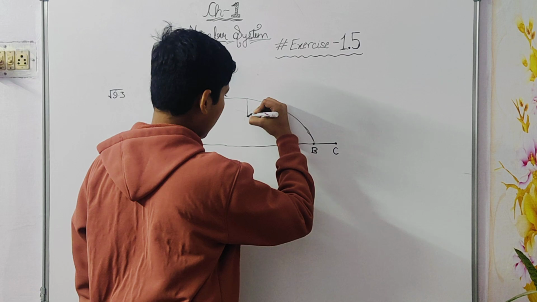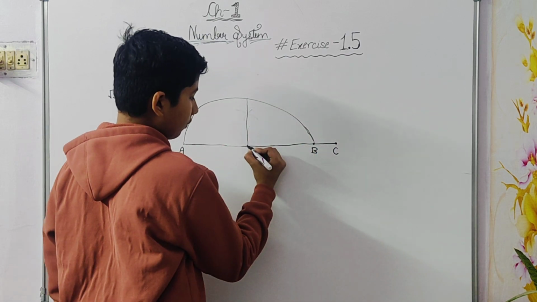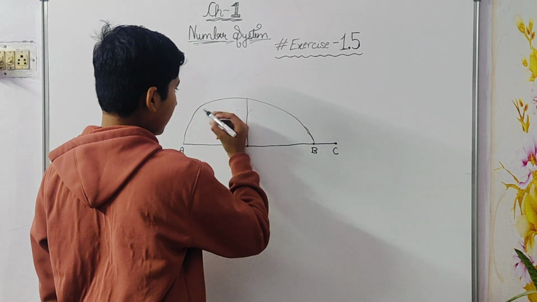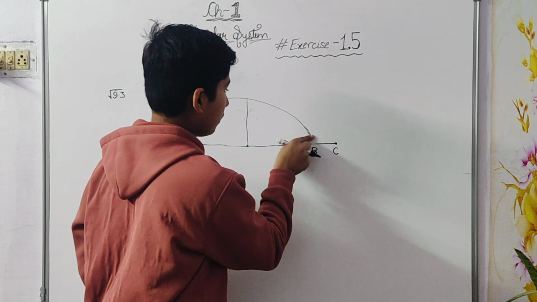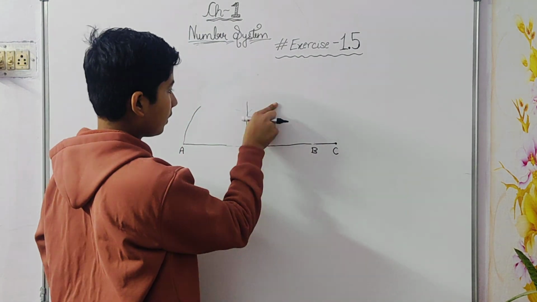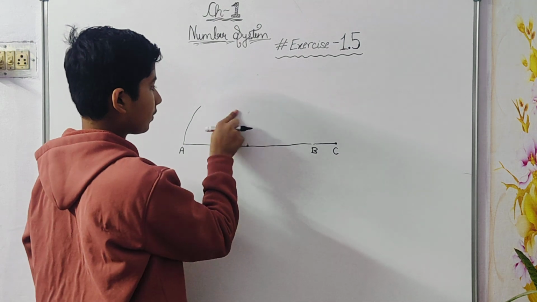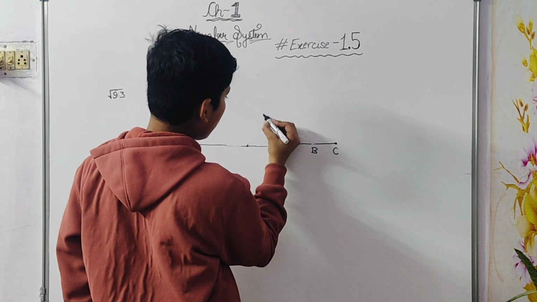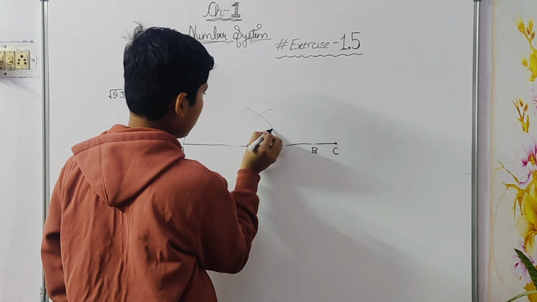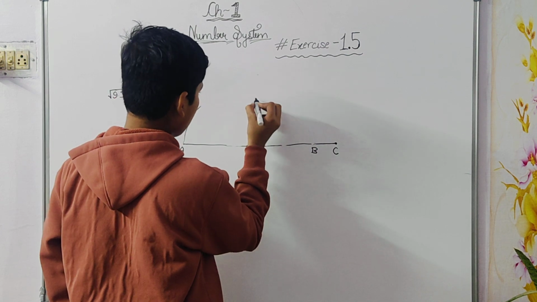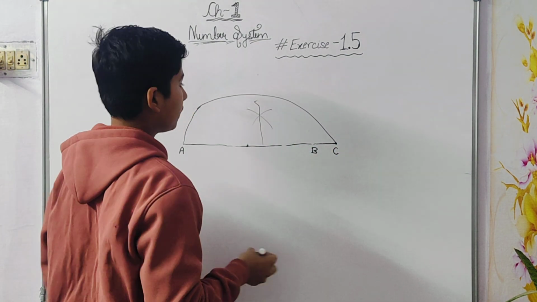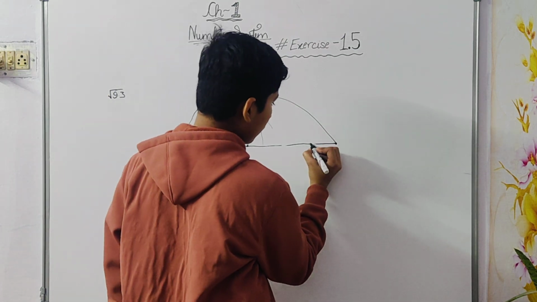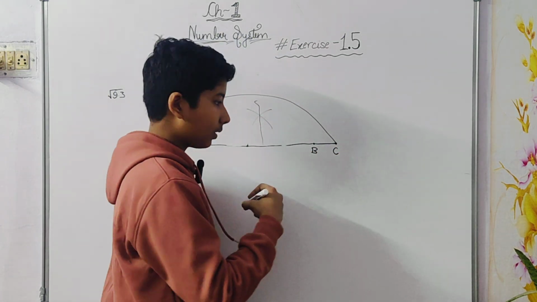Then I'll take a line, and from here I will make this whole circle, but it won't be till B. I will be doing this from C. See, I made it. Now this was point B.